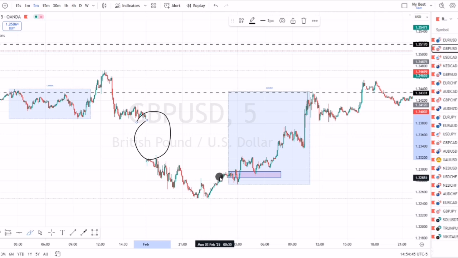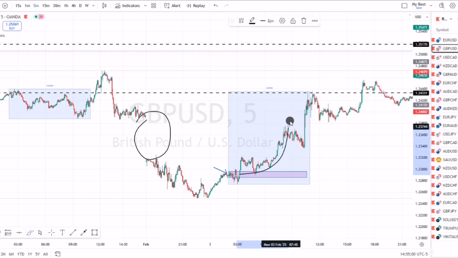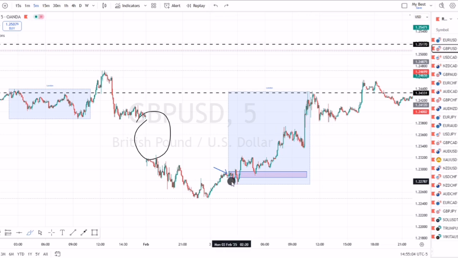Okay, you can see that price is right here for now and the gap is above. So while you highlight this, you know that price is going to be moving in the direction of the gap. So whatever happens in the market, you only look for a buy on this day.